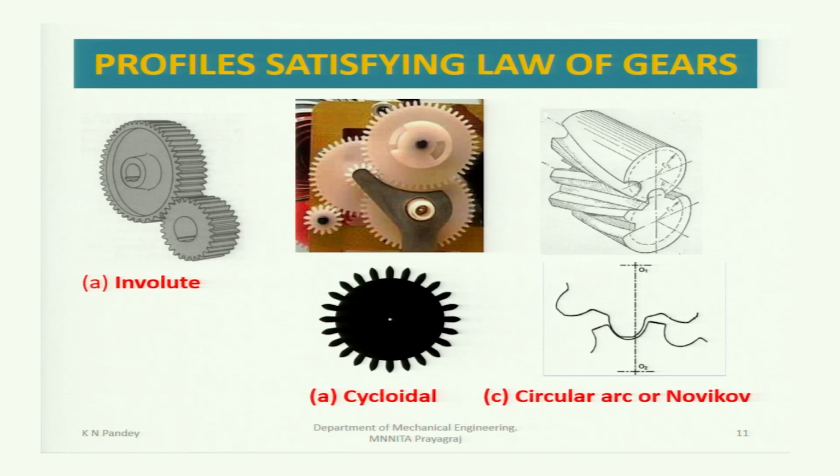Now, the involute tooth profile is formed by, we have a circular disc, and on this circular disc we have wrapped a wire on it, fixed. Now, we are unwinding this wire like this.